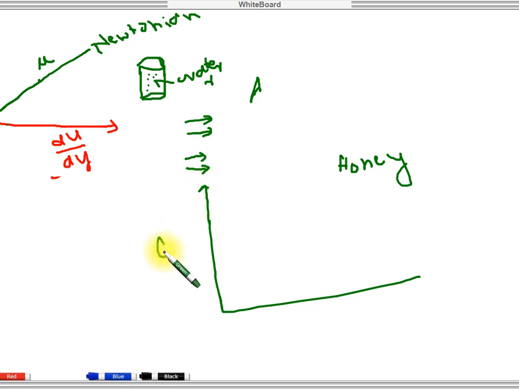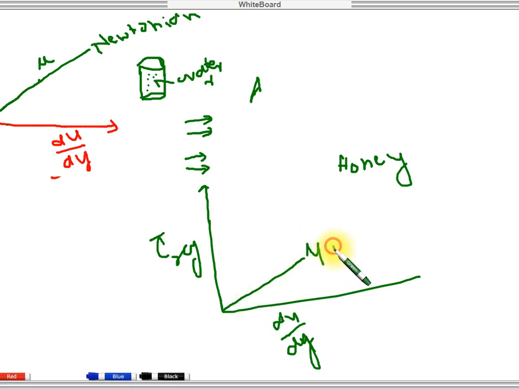Here you will have the shear stress tau, and here will be the deformation, du by dy. Look at the fluids having this property: it is a straight line, so the viscosity is constant. So this will be a Newtonian fluid. But look at this one, some fluid will be here and maybe some fluid will be here.